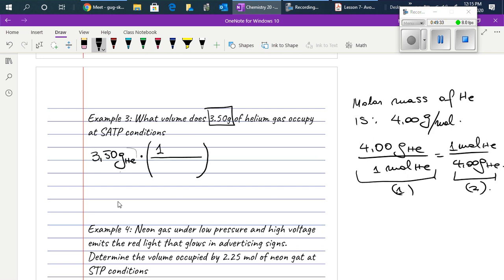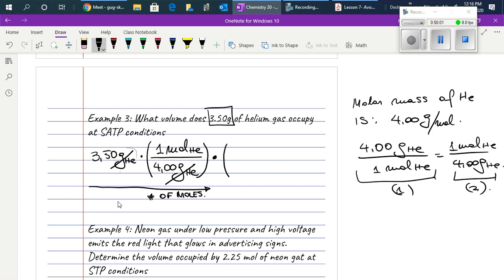So we have 1 mole of helium over 4.0 grams of helium. So grams of helium and grams of helium cancel out. What we end up with here is the number of moles, but we don't want this. We want the volume that it occupies at SATP conditions.